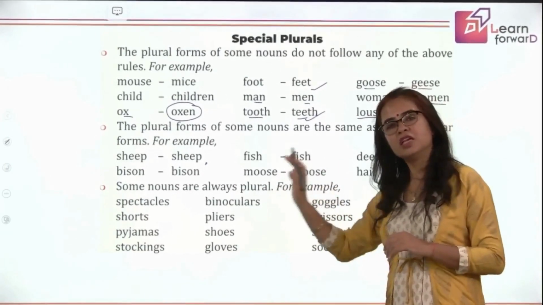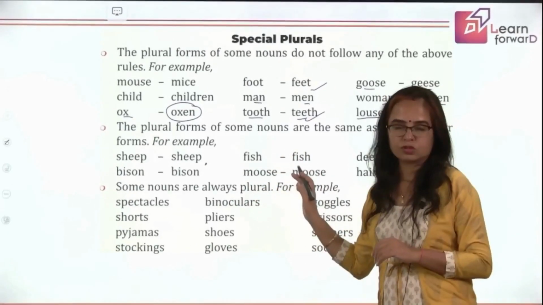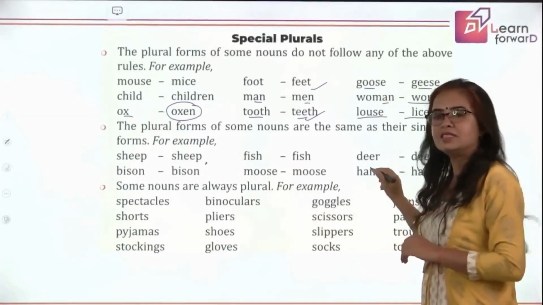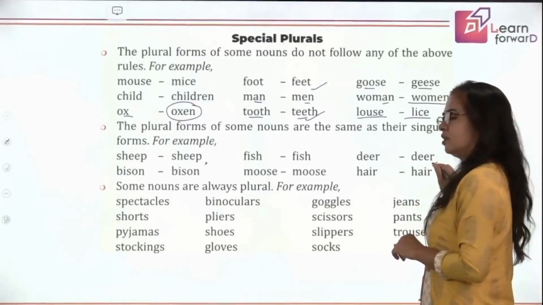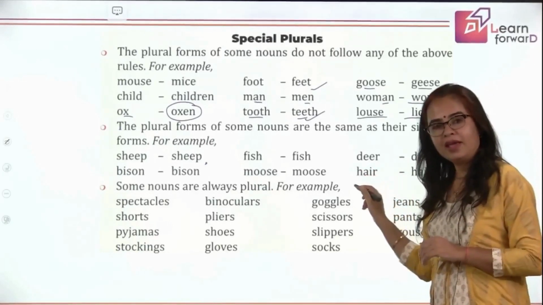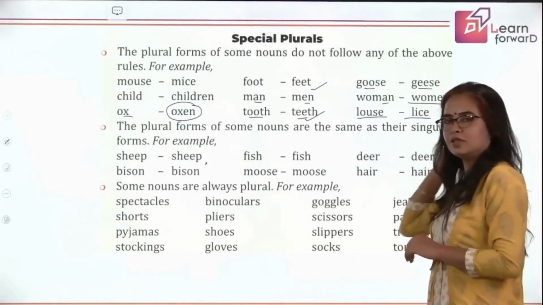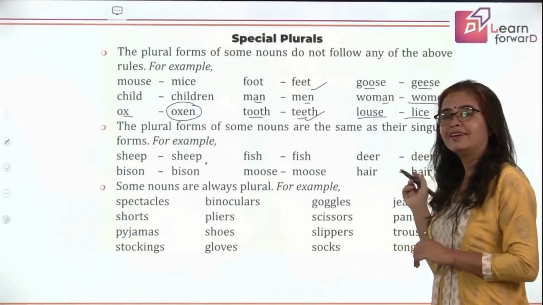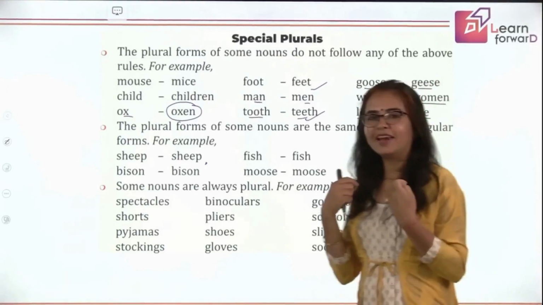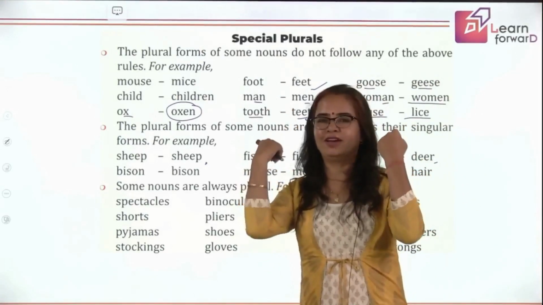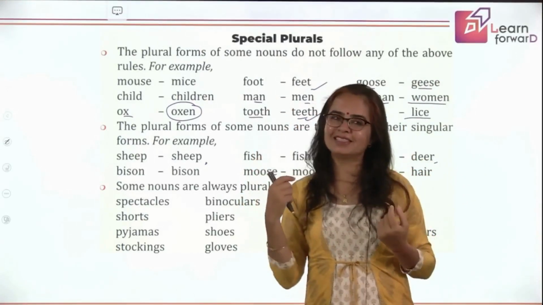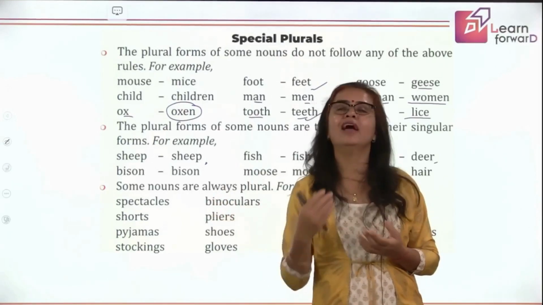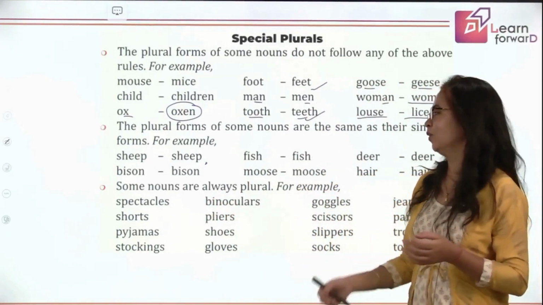Moose in singular also, plural also. It's the same. Deer, deer remains same. Hare, hare also. Hair, comb your hair. So do you comb just one hair? You comb all your hair, isn't it? Yes. So hair is singular and hair is plural also.